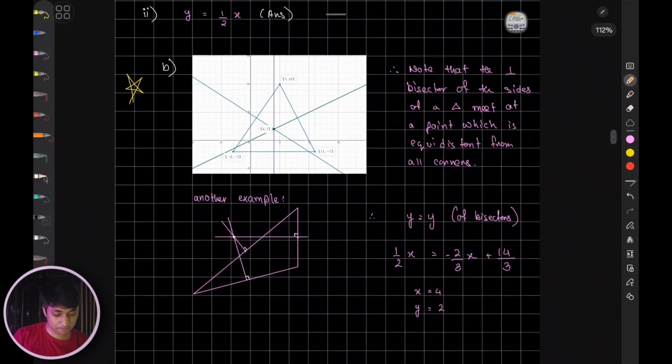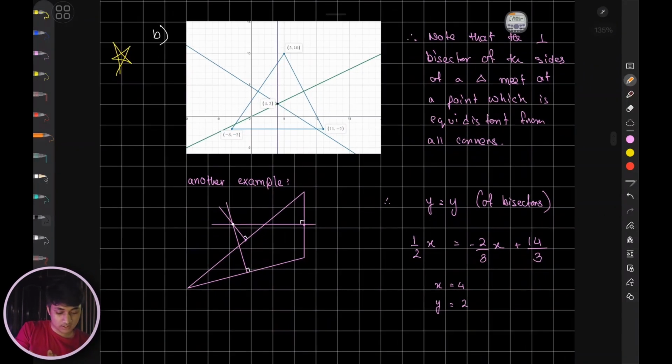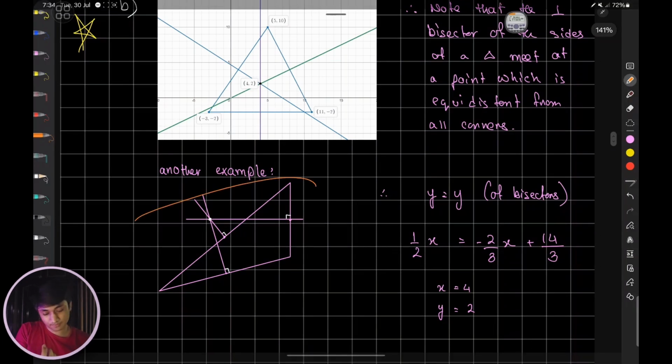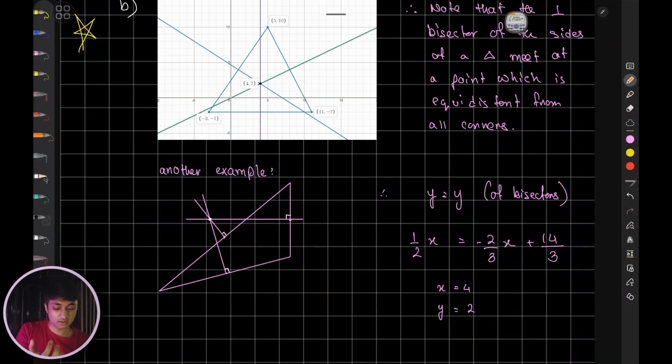But you can also take another example over here if you're not convinced with the idea that I've just shared. So let's say this scalene triangle, which is, by the way, again scaling as well. This is not an equilateral triangle. I thought initially this is supposed to be an equilateral triangle, but this is not. But if you take for example this one, the equidistant point lies outside the triangle over here.